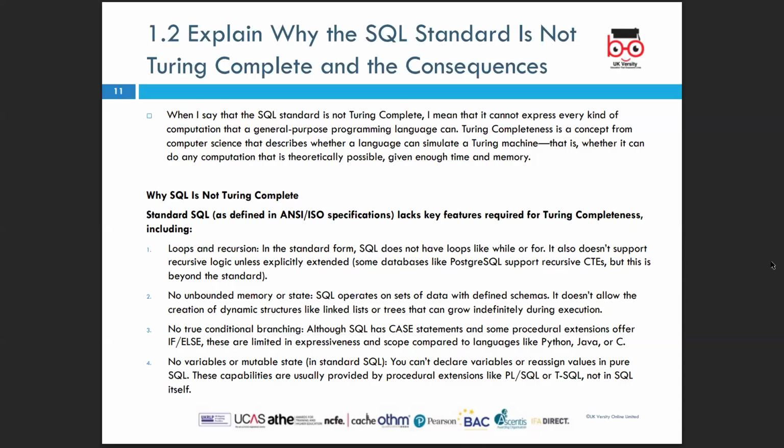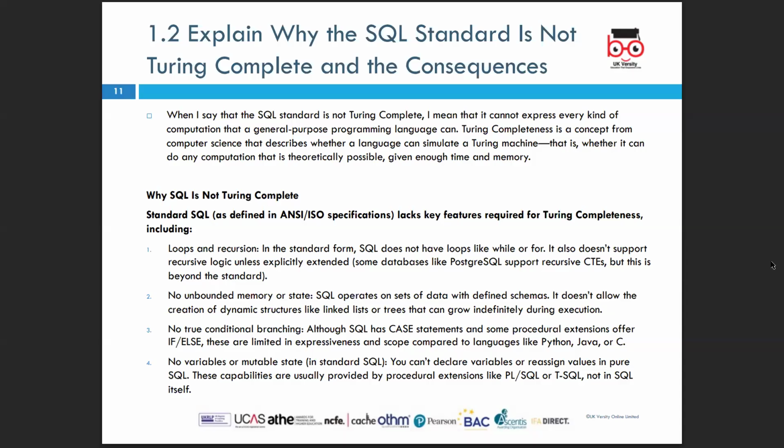So in the standard form, SQL does not have loops like while or for. It also doesn't support recursive logic unless explicitly extended. Some databases like Postgres support recursive CTEs, but this is beyond the standard.